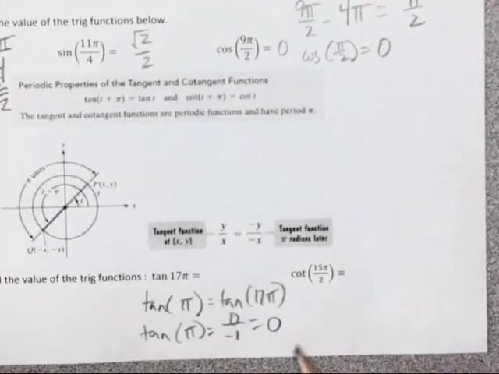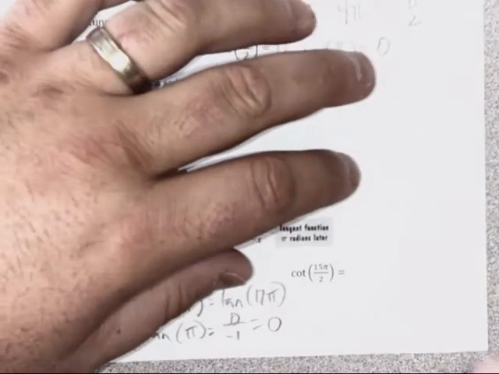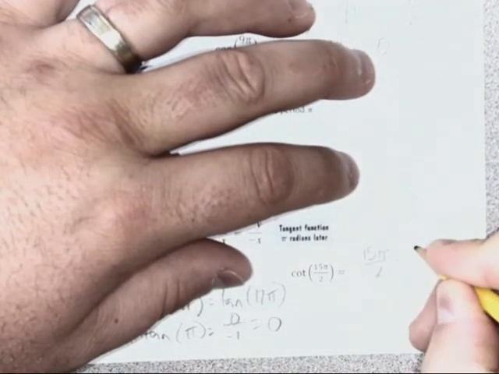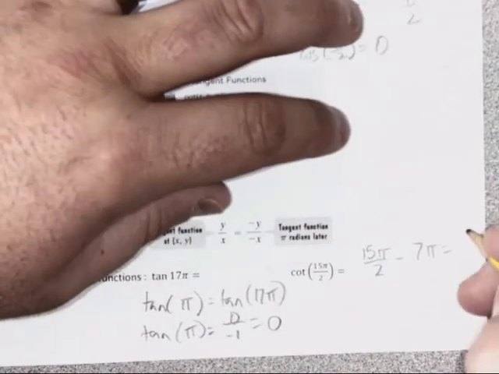Cotangent. If I look at 15 pi over 2, I know that I'm doing at least 7 pi of rotation, so I'm going to do 15 pi over 2 minus 7 pi to find the coterminal angle there, and that's pi over 2.